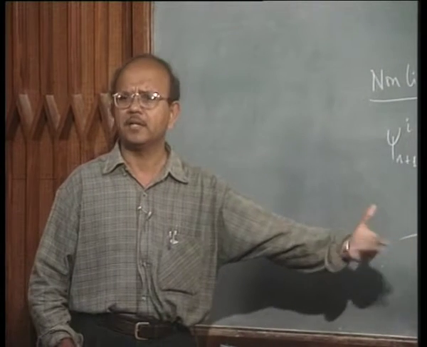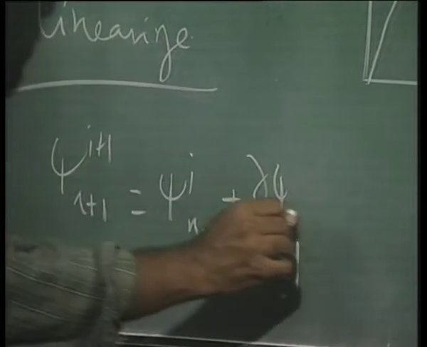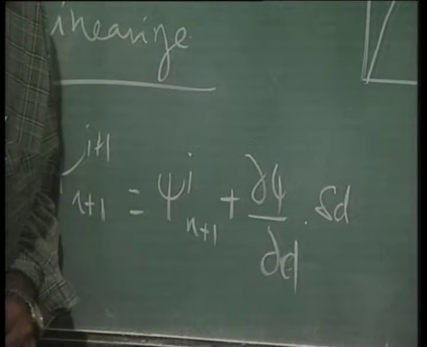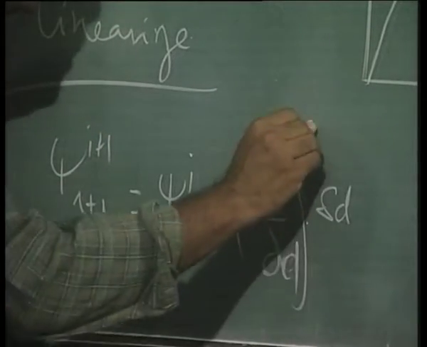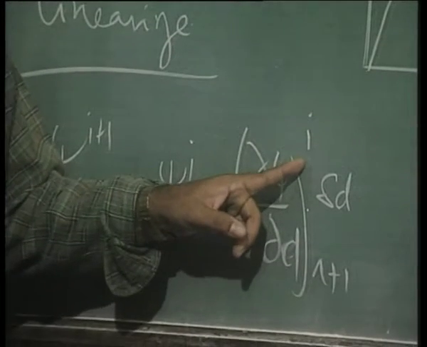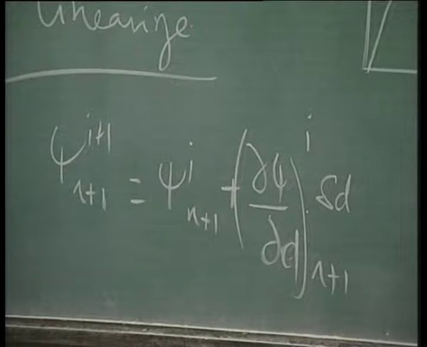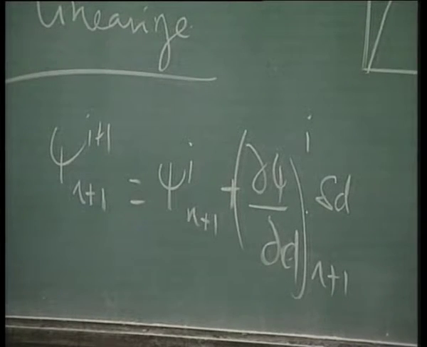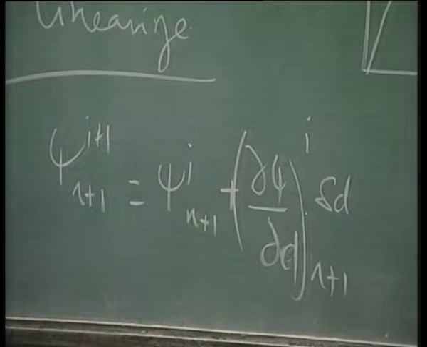You can write it for dou u, but then it will be for the complete system, okay, dou d into say delta d, where dou psi by dou d is taken at the point I, okay, this means iteration and this means increment. Okay, so that is the Taylor series approximation about psi plus 1 n plus 1.